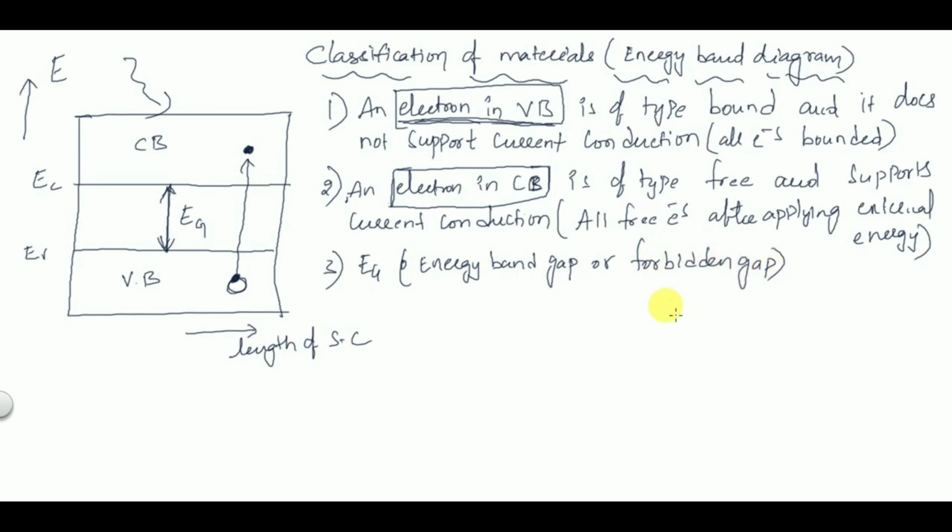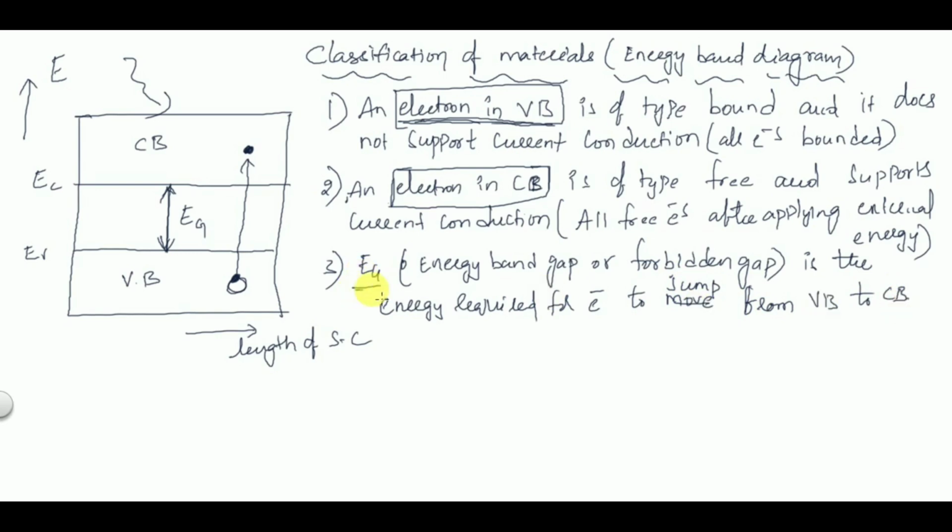The energy band gap is the energy required for an electron to jump from the valence band to the conduction band.